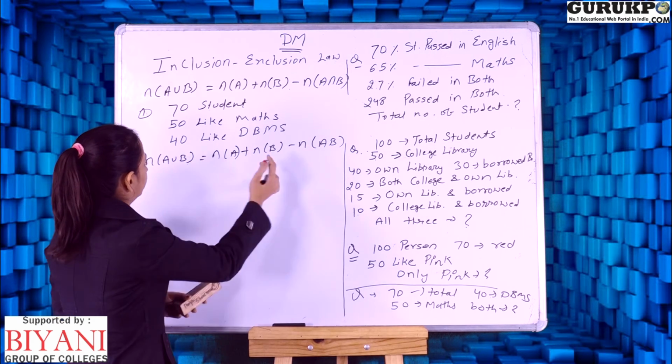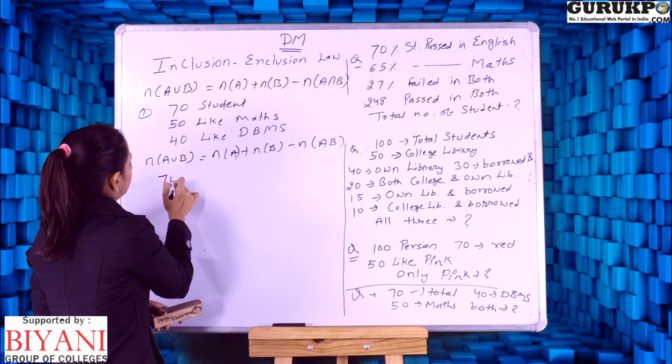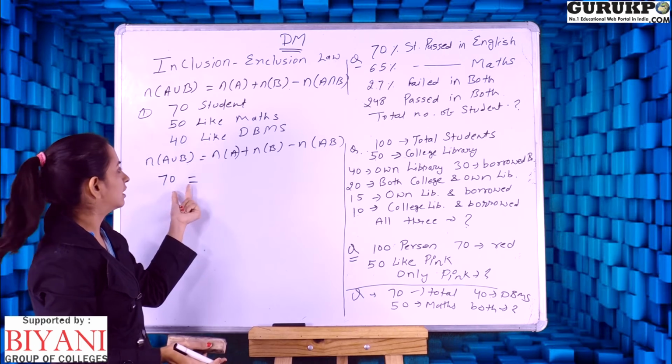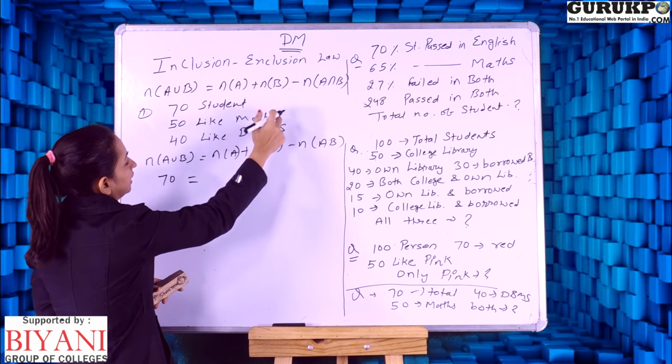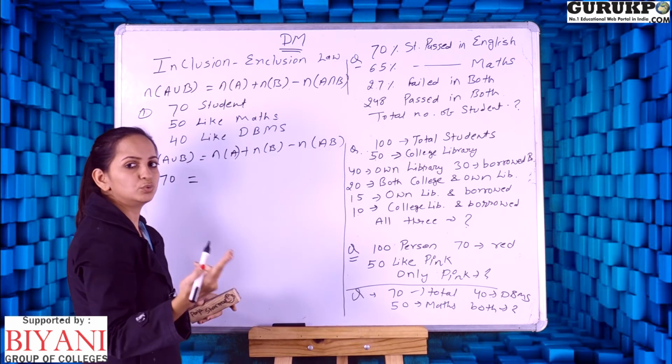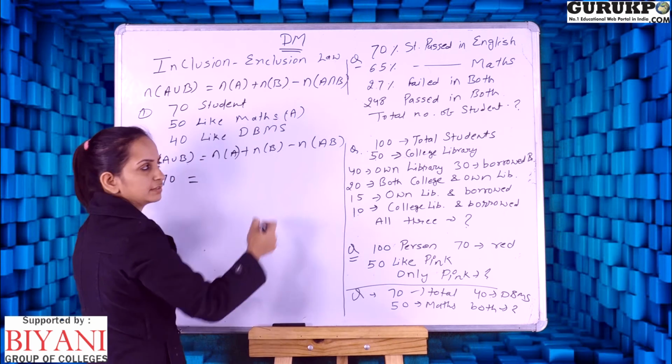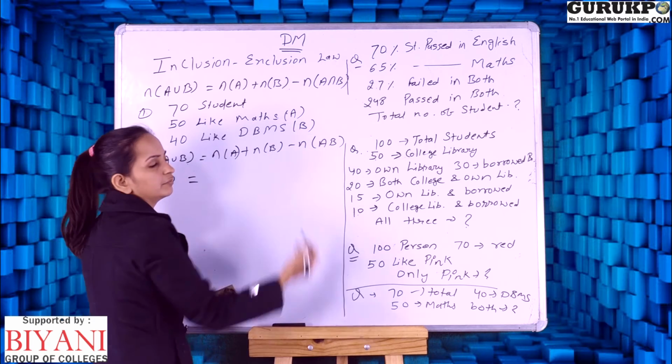Okay, so we are going to solve this question. N of A union B is given in the question. There are 70 students in the class. N of A is those who like maths. I am just supposing two sets: set A, the students who like maths, and set B, the students who like DBMS.